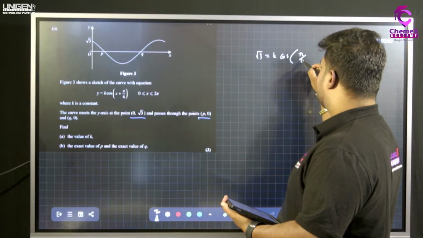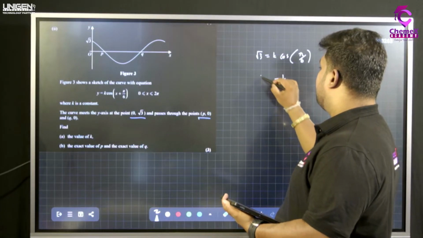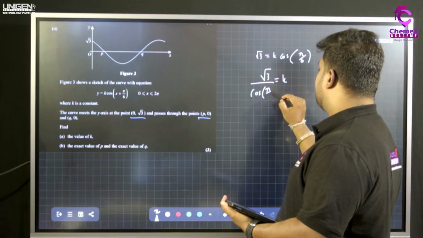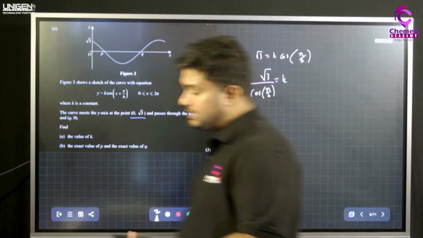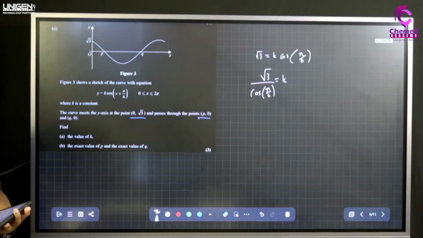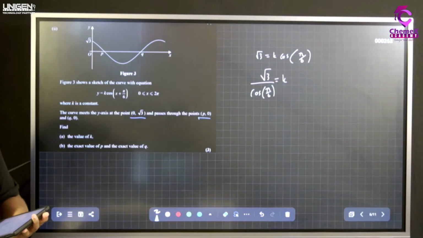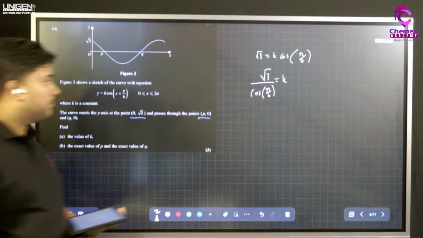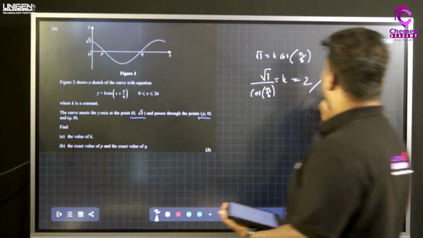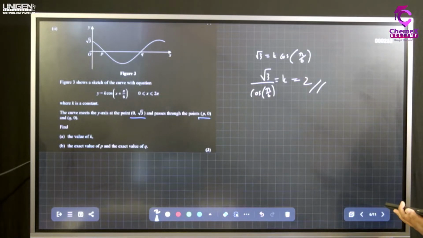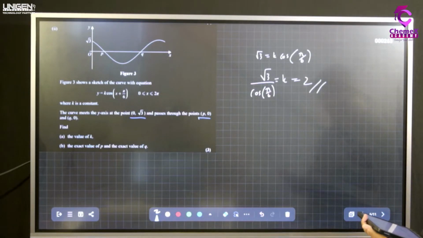Cos pi over 6. So can you tell me what's root 3 divided by cos pi over 6? So just type that in radian mode. It's 2. So k equals 2. Okay. Next. How do you do?